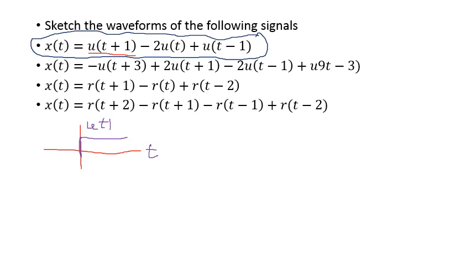Now if we look at the first term, u of t plus 1, you see this is a step function, but it is a shifted step function, right? By looking at the equation, you know whether it's a shift left or shift right. If you compare it with the standard equation, u of t minus t naught, then t naught here is minus 1.